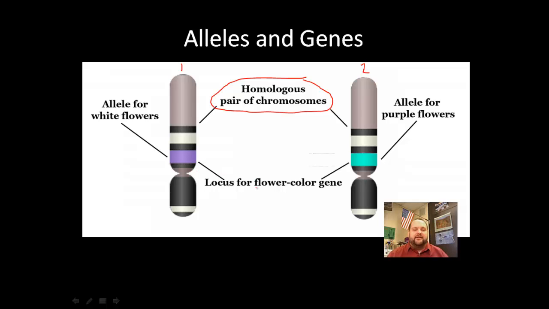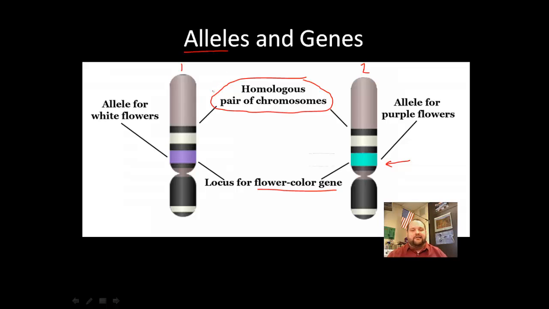They contain the gene for flower color on both chromosomes. So on this one here, it contains the gene for flower color, and over here, it also contains the gene for flower color. So both of these chromosomes contain the gene for flower color. So there are two pieces of information for each flower color gene. Two pieces, one on each homologous chromosome.